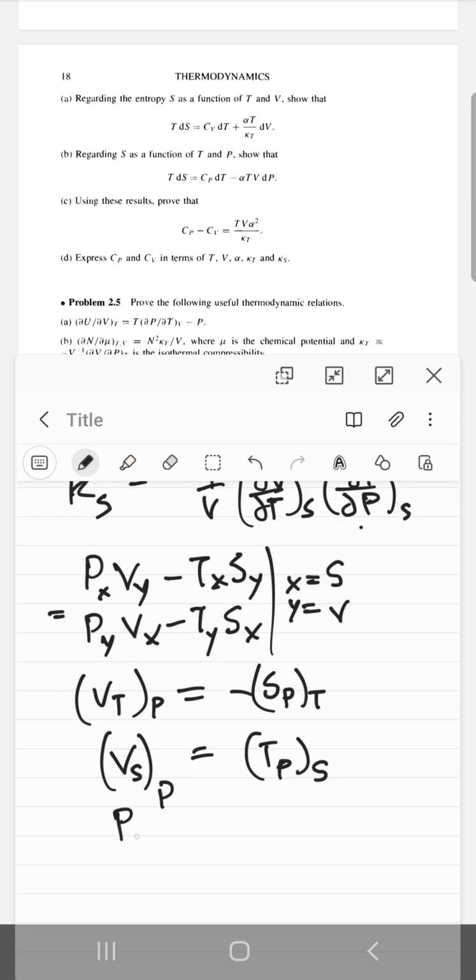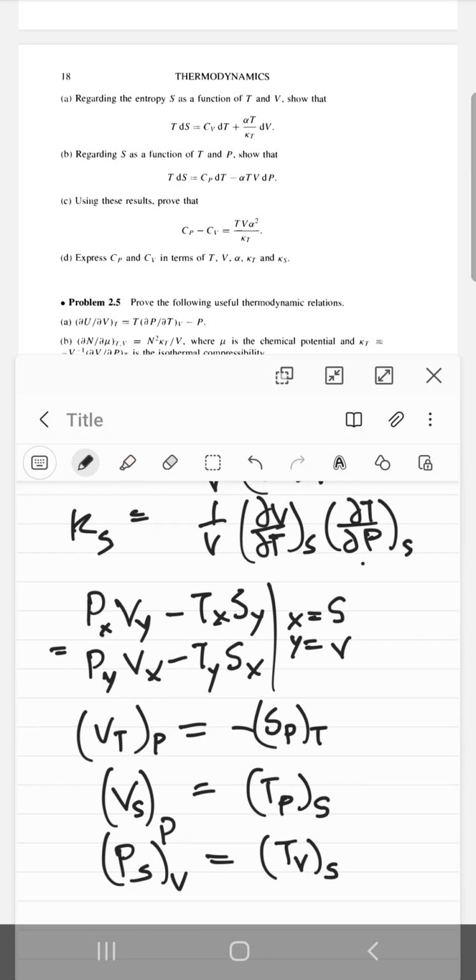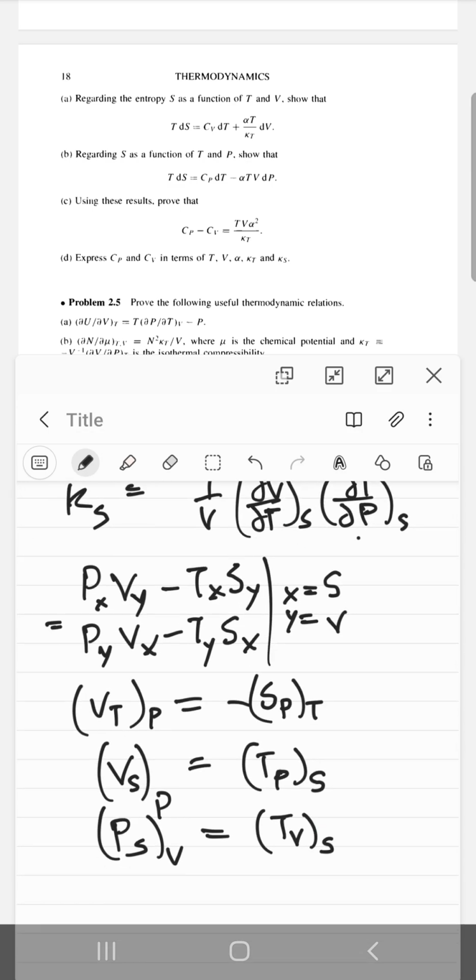That's the main point. So just P sub S at constant volume is equal to T sub V at constant entropy. Yeah, right. It's correct. Yeah, cool. So you must have used that to convert this. So we can just use reciprocals over there. So it just becomes V sub T, and this becomes S sub P.